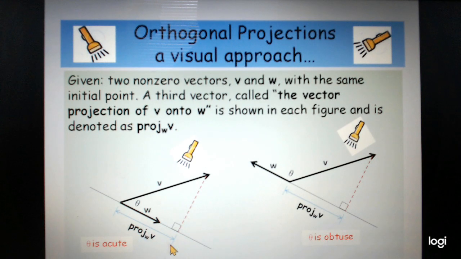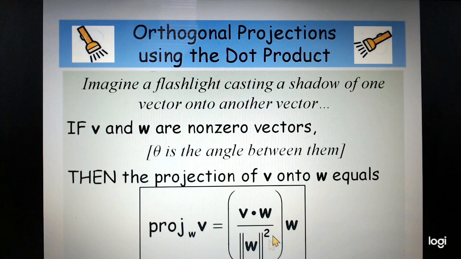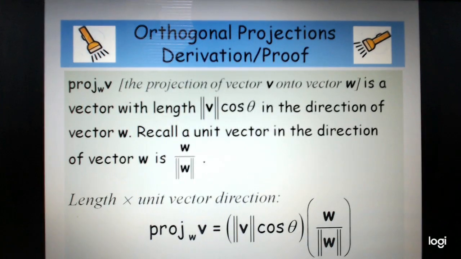So the projection, it might be 1.5 or 1 2/3, a double or triple the length of w. That's what we're computing. Okay, so let's go back here. This is the formula, and I'm going to show you where it comes from. Okay, so fasten your seatbelts, here we go. Projection of vector v on w is a vector with length this.